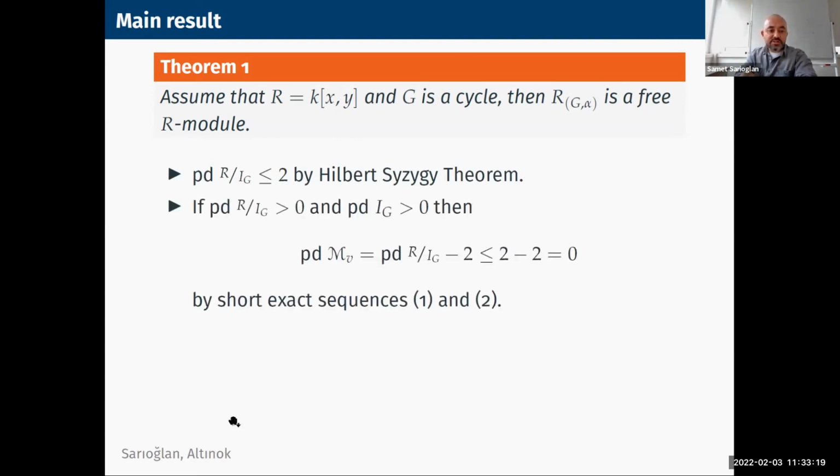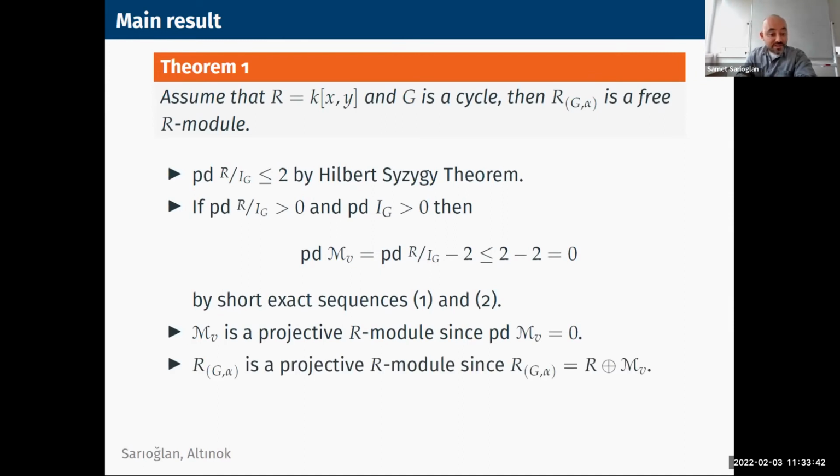Then if the projective dimension of this quotient module is positive and the projective dimension of IG, the edge-label ideal, is positive, we have this equality, which means the projective dimension of MV, the submodule, is equal to 0, which means that MV is a projective R-module.